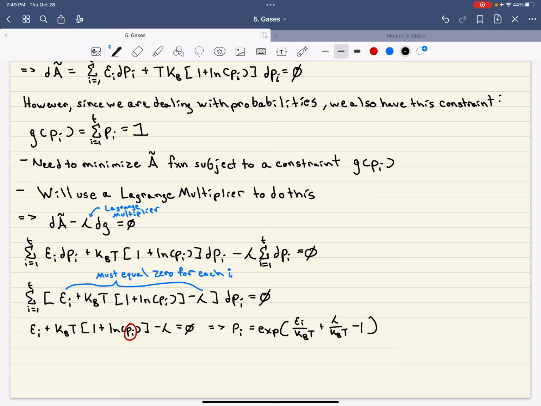Okay? All right, so we have this probability equation, and I'll talk about what we could use it for in a bit. But we still have something we need to take care of, which is to figure out what the actual Lagrange multiplier constant, this lambda, is. In order to calculate it, we're going to follow the same strategy we used before.